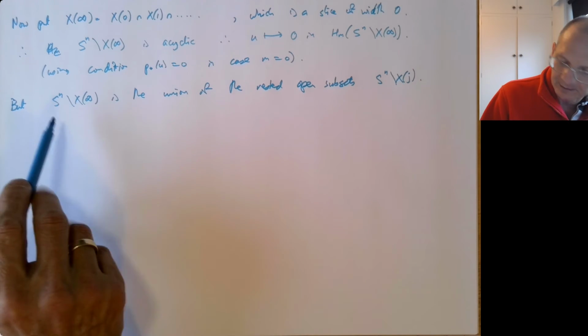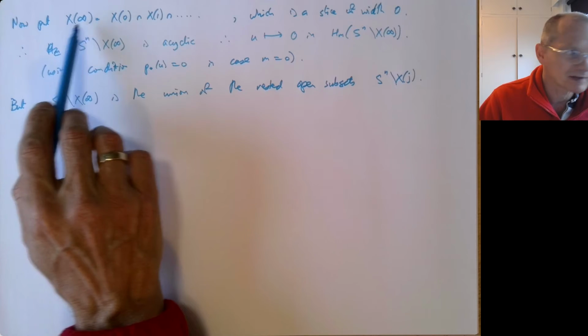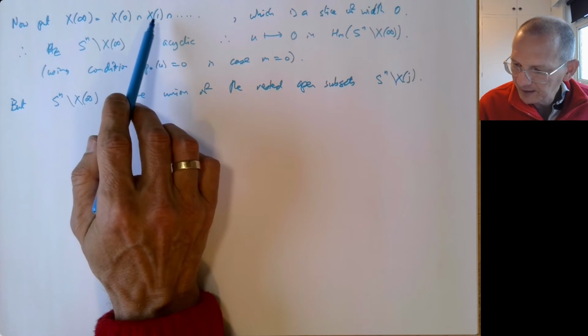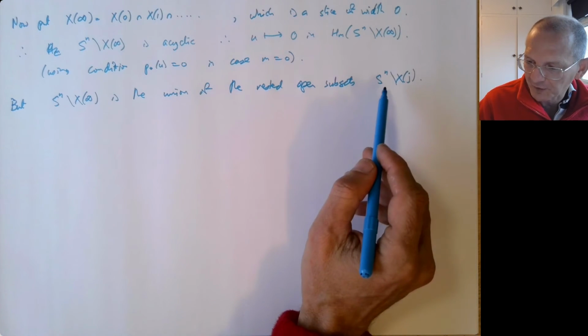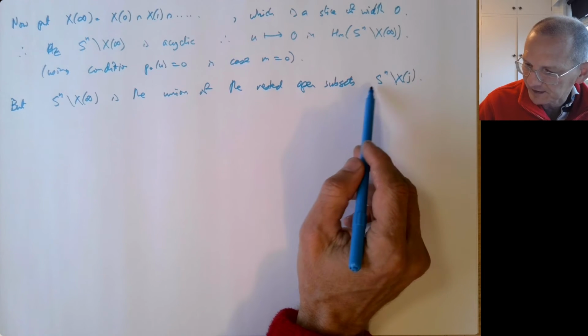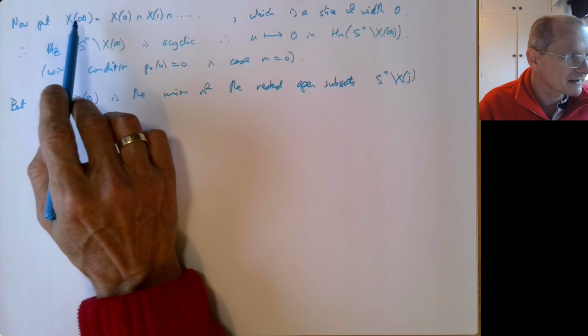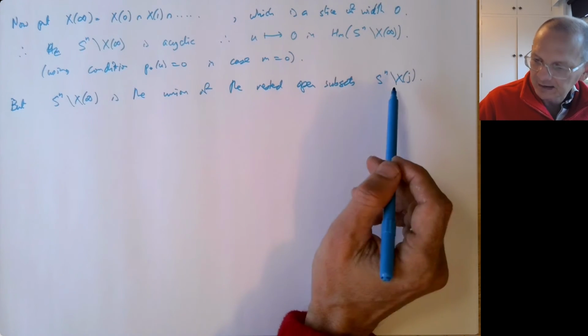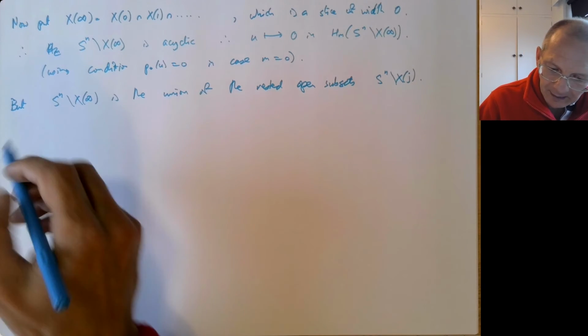But remember, X_infinity is the intersection of the X_j's, which means that the complement is the union of the complements of the X_j's, these S^n less X_j's, and each of these is compact, so it's closed, and so each of these complements is open.